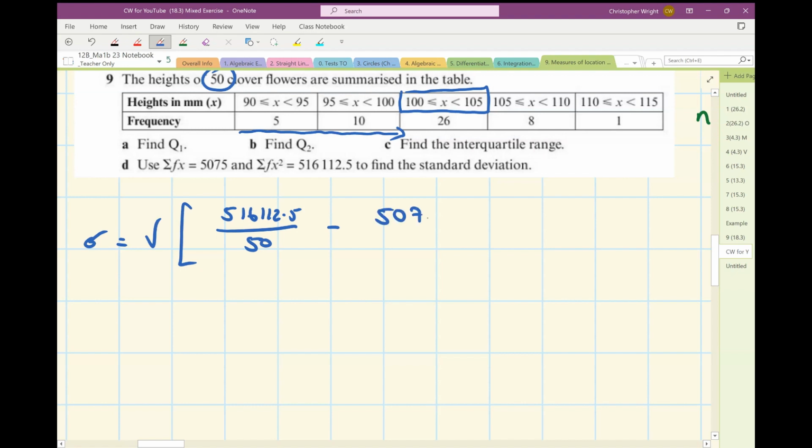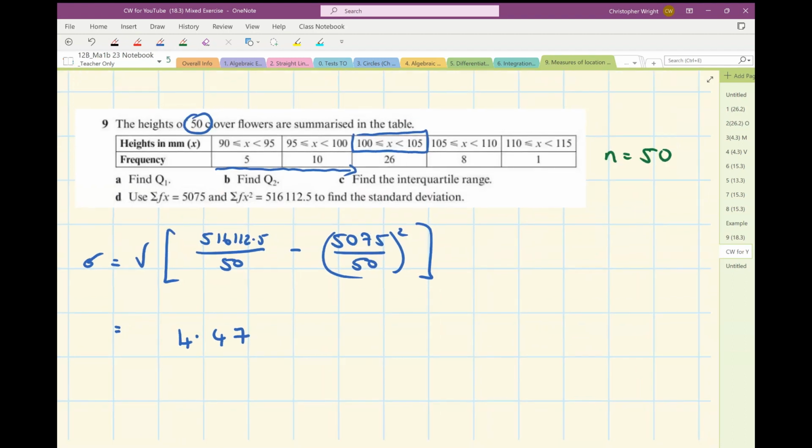And that's 5075 over 50 squared. So that's the variance in the square bracket. And I would square root that to get the standard deviation. And so a bit of calculator action there gives me a standard deviation of 4.47. And that is question 9 done.